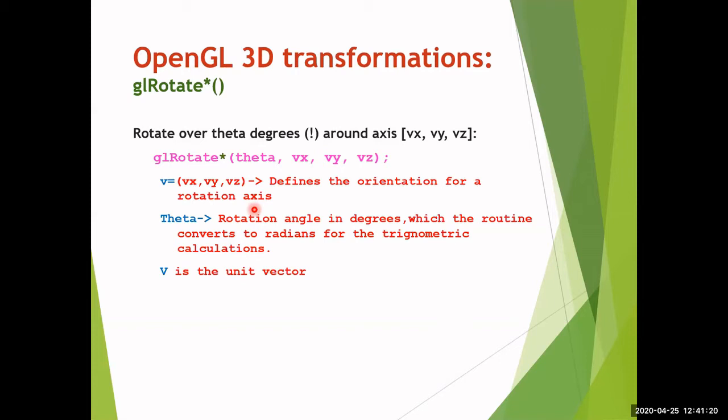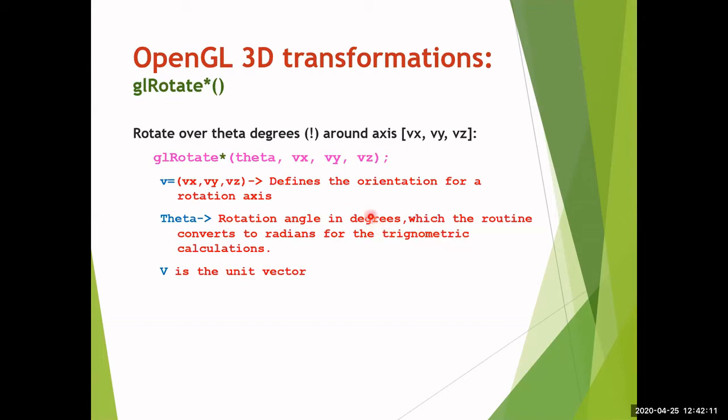Because in 3 dimensions, we have 3 matrices for the rotation: rotation with respect to X, rotation with respect to Y, rotation with respect to Z. So to know in which direction we have to rotate, we have to keep either one of these. Next, theta is nothing but an angle, how much we need to rotate.